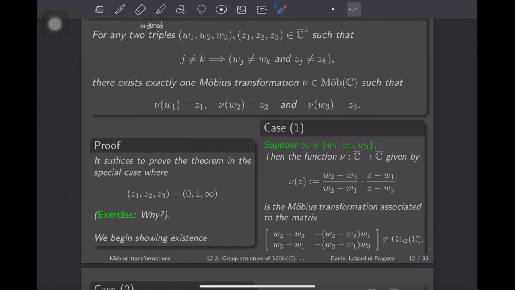Then I go to 0, 1, infinity, and I obtain two different transformations connecting these two to 0, 1, infinity. And then I would not have uniqueness in this special case, right? So I pretty much solved the exercise for you. So it is indeed sufficient to prove the theorem in this case.